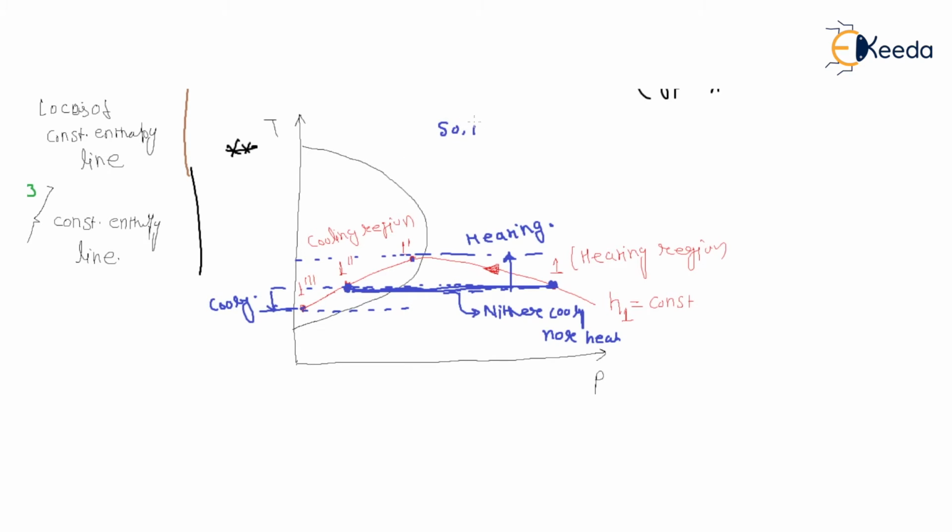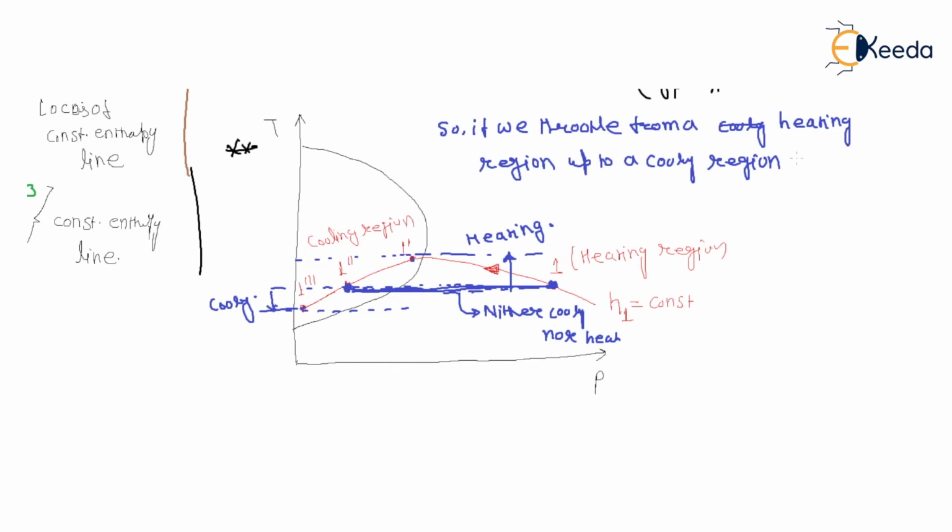So if we throttle from a heating region up to a cooling region, there may not always be cooling.